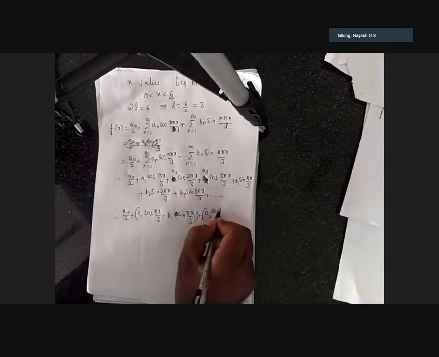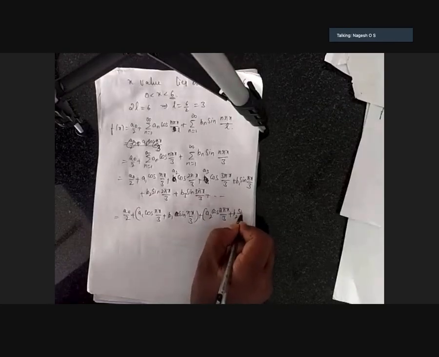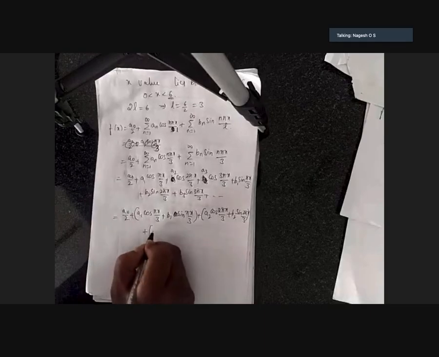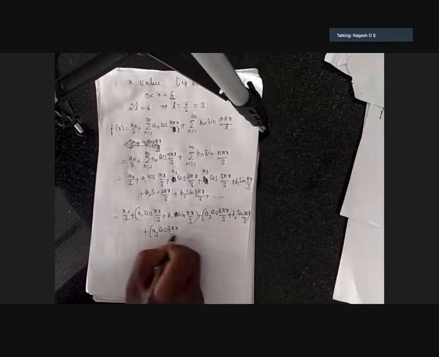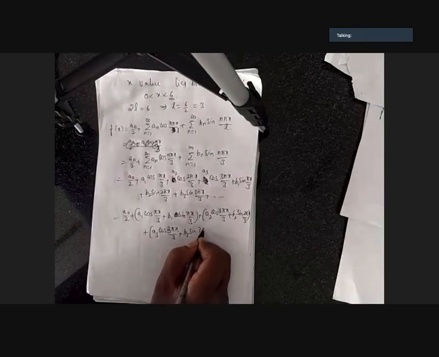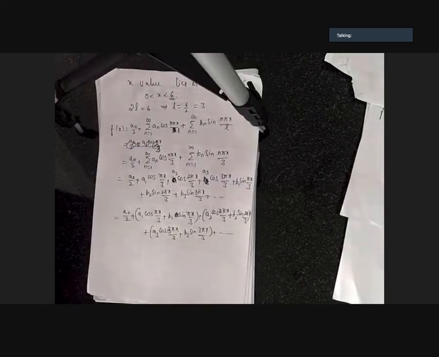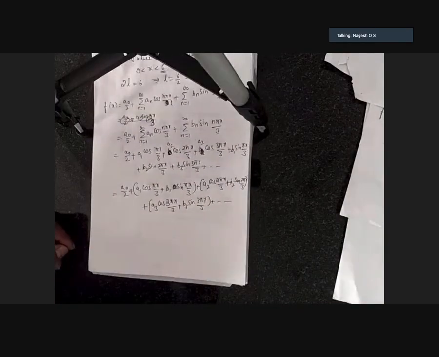A2 cos 2 pi x by 3 plus b2 sin 2 pi x by 3. This is the second harmonic. A3 cos 3 pi x by 3 plus b3 sin 3 pi x by 3. This is the third harmonic. Only up to the third harmonic they asked.